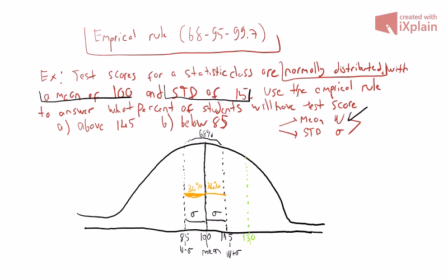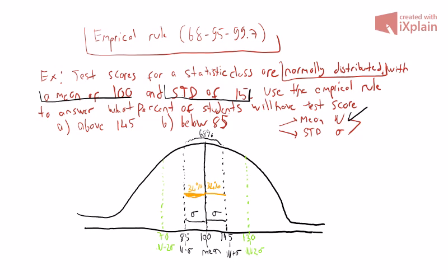So how did I get this number? It's mu plus 2 standard deviations. Again, since this is symmetrical, I will go 2 standard deviations away from the mean for the other side too. Okay, so this is what? Mu minus 2 standard deviations, which is going to be 70. Again, this is mu minus 2 standard deviations.